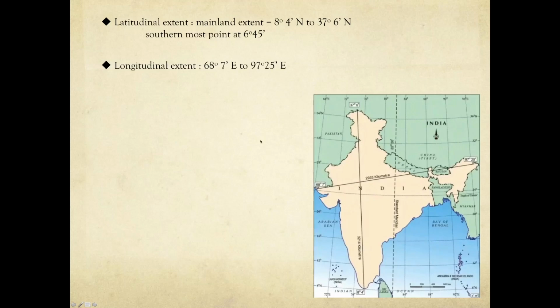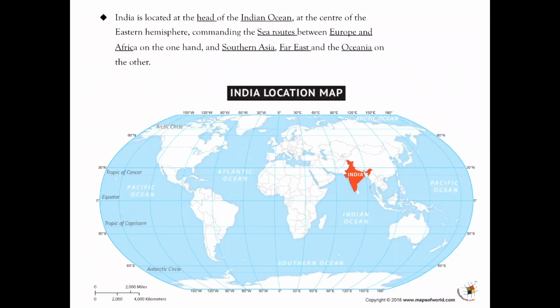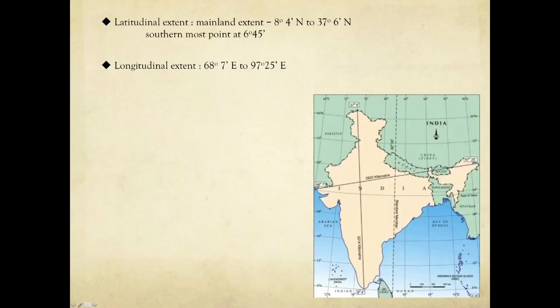We are calling it east because if we divide the world into two hemispheres with the help of the prime meridian that you can see in this picture, then India would lie in the eastern hemisphere. So in this eastern hemisphere, the longitudinal extent of India is 68 degrees 7 minute east to 97 degrees 25 minute east.